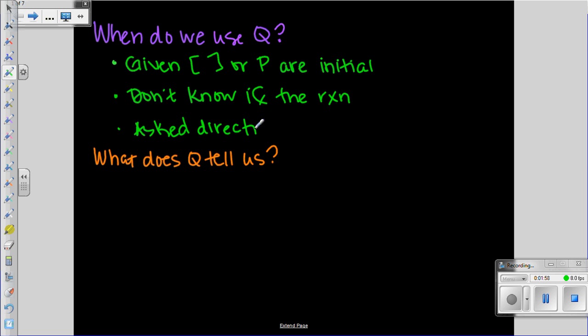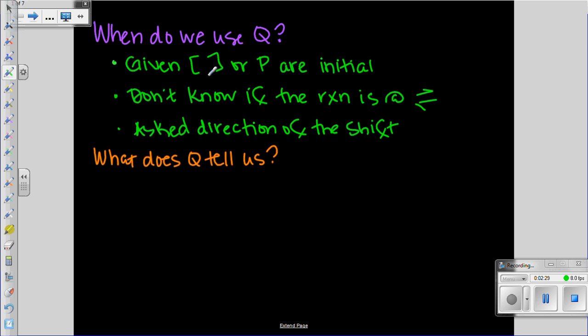Sorry, we don't know if the reaction is at equilibrium. So Q becomes a predictor of the direction the reaction is going to shift to reach equilibrium. So if we're asked to tell which direction the equilibrium shifts, then we know that.